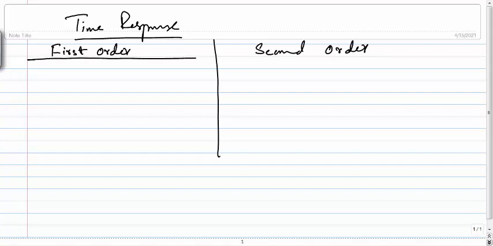Now these are the basic categories where we discuss the time response. Now the higher order response we actually approximate using the second order response.